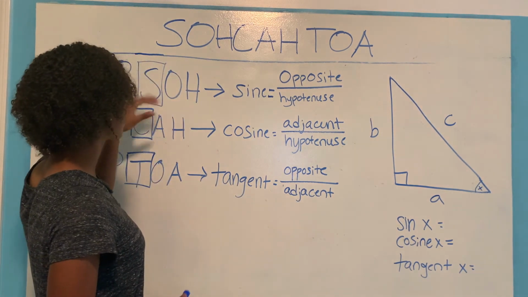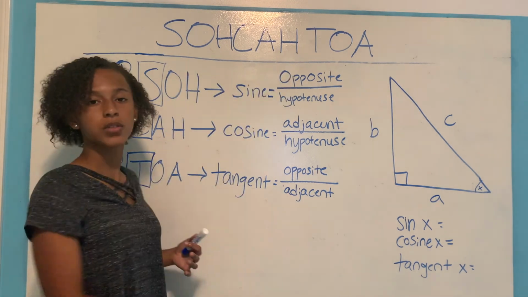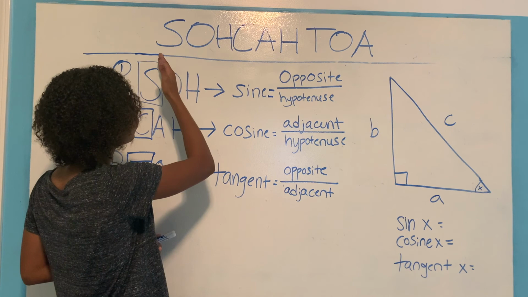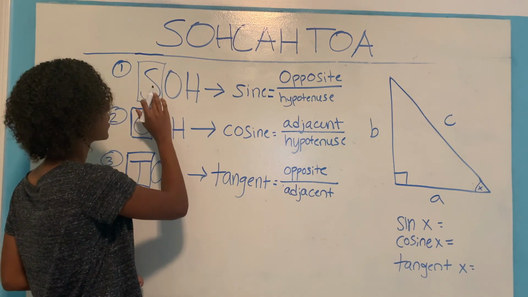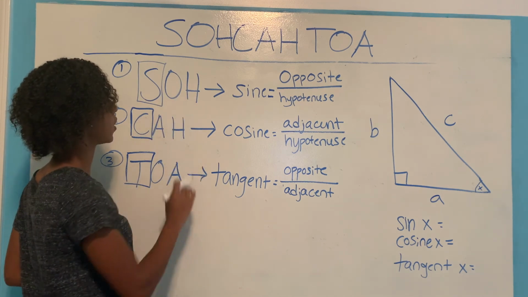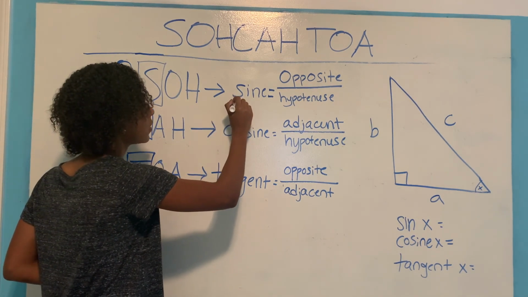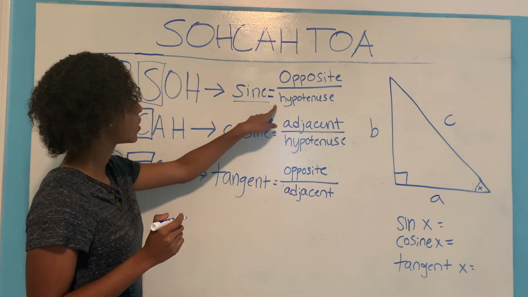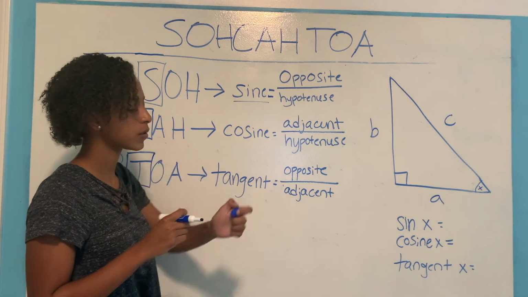The first thing that I want to show you is how we break down Sohcahtoa. First you're going to take SO, and SO stands for sine, opposite, hypotenuse. In this case that means sine equals the opposite value on the triangle over the hypotenuse.